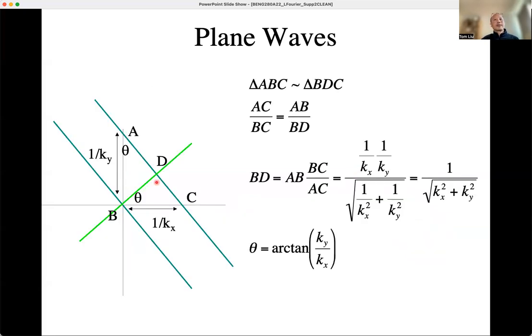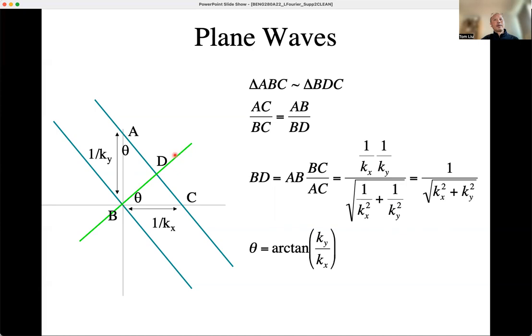So this turns out to be fairly useful to remember, because let's say you're given some pattern like this, you're shown a wave that has this sort of pattern. One thing you can do is draw the perpendicular to those wave fronts, and that will give you the direction of the k vector.